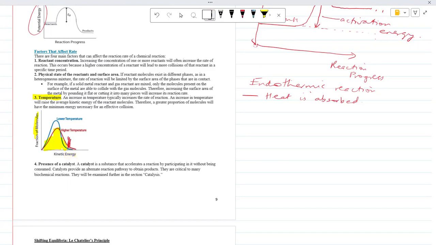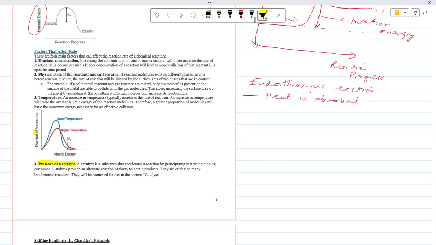And then the fourth one is the presence of a catalyst. A catalyst is a substance that accelerates a reaction by participating in it without being consumed. So catalysts just speed up the rate of chemical reactions. They are there to speed up the rate, but they are not consumed in the reaction.